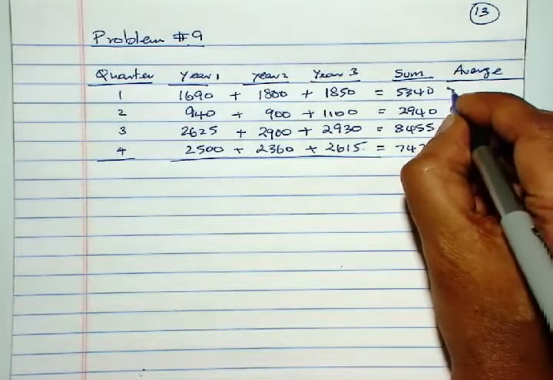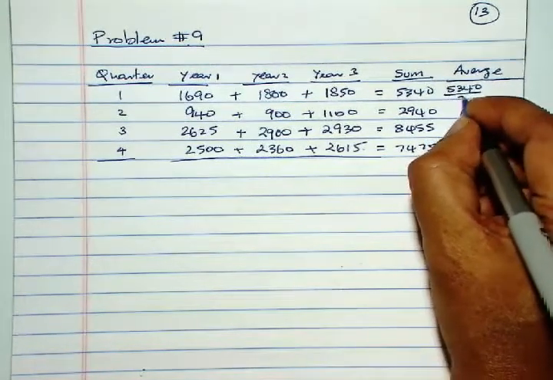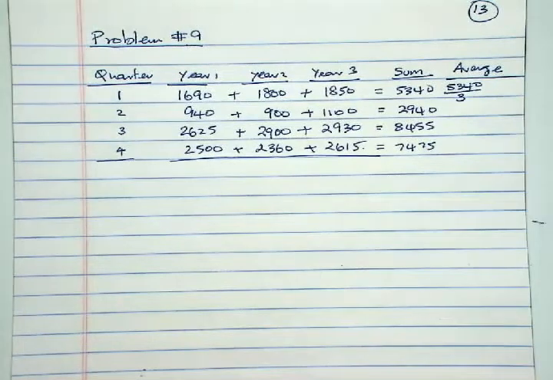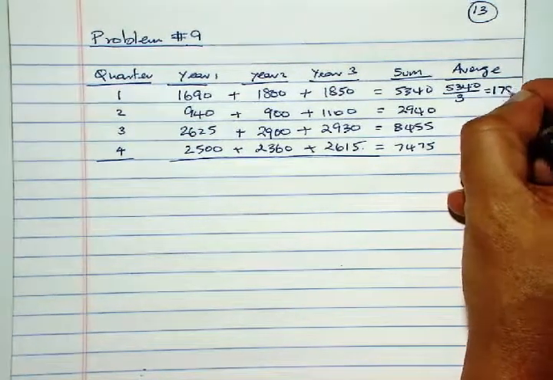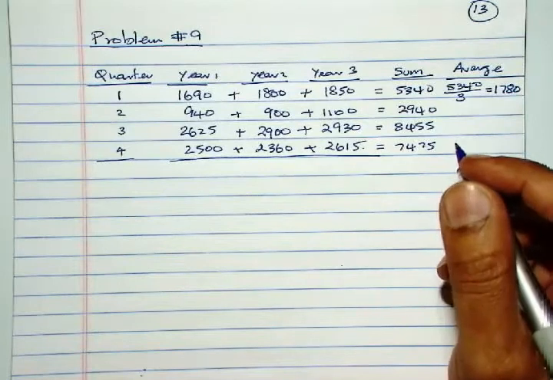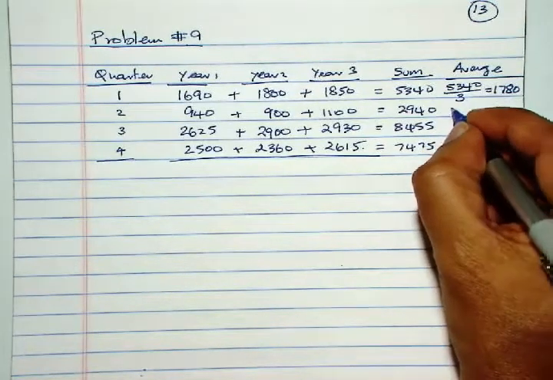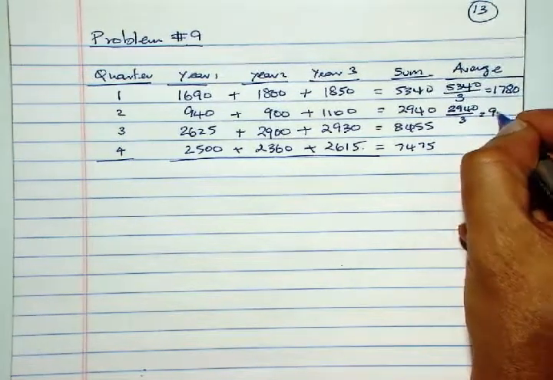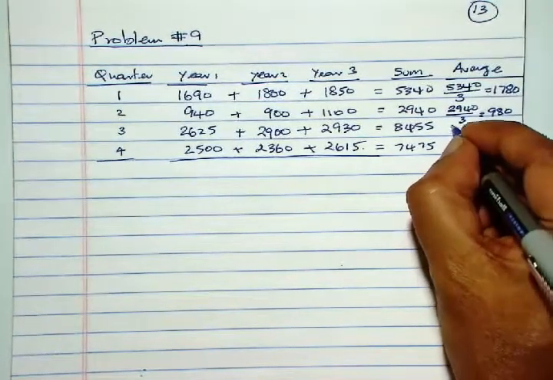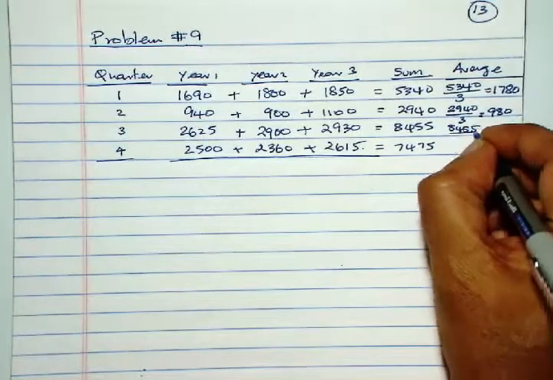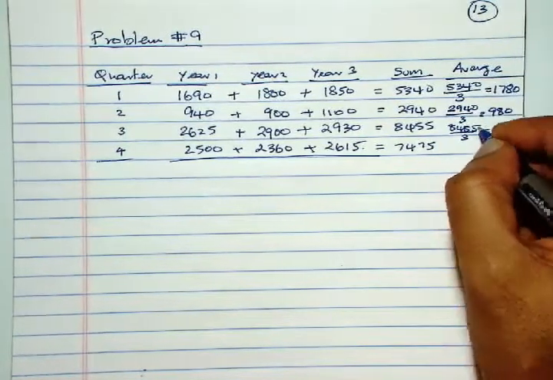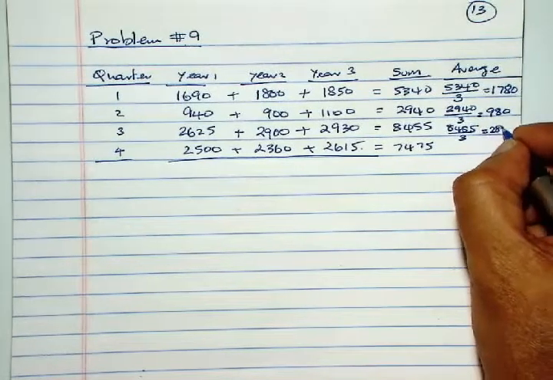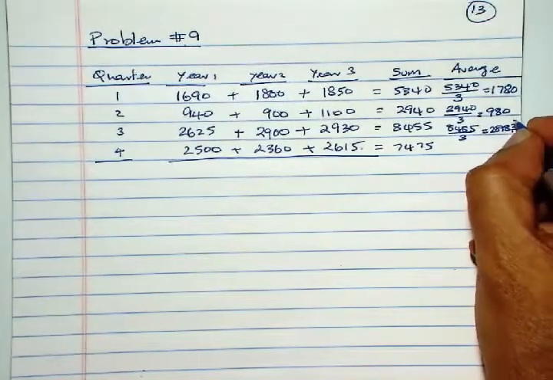So 5340 divided by 3 will give us an average of 1780. 2940 over 3 will give you 980. 8455 over 3 will give you 2818.33.